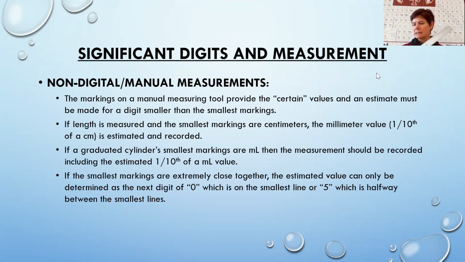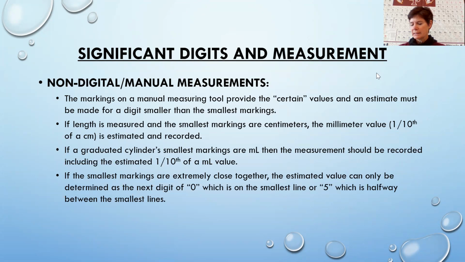So I'll do an example of this because you're going to be asked to do this on the practice. So I have a calculator here. I'm going to measure the length of the calculator. I line it up with the 0 on my scale and look for markings. And I can see that this goes to the certain, which is 12.9 centimeters.